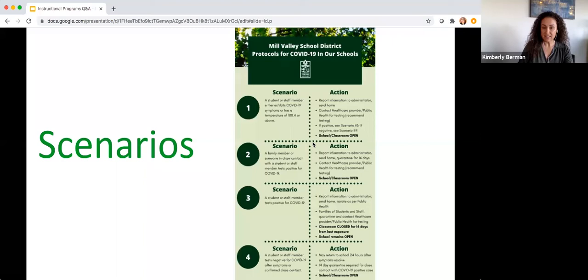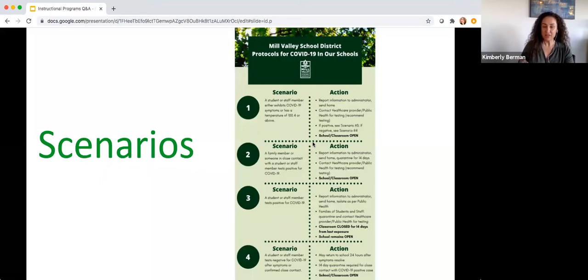If a test is negative, we would then go to scenario 4, scenario 3, no, 4, I was right on the first time. And in a negative case, the school would remain open.